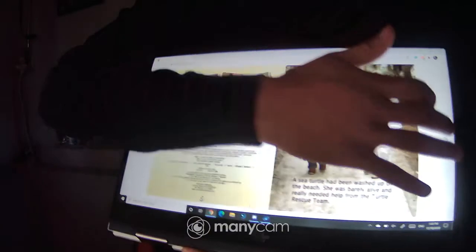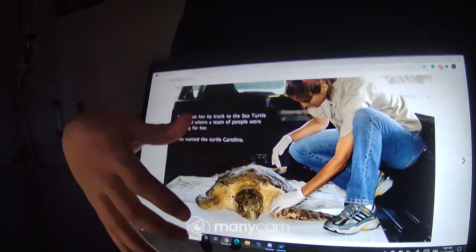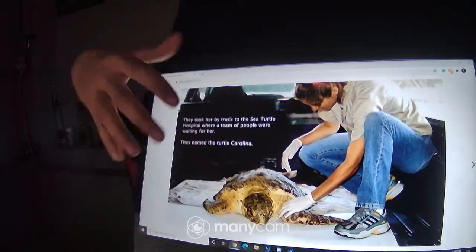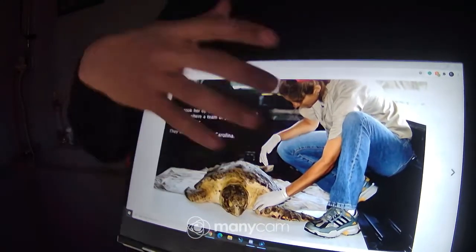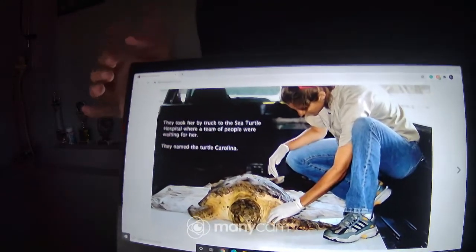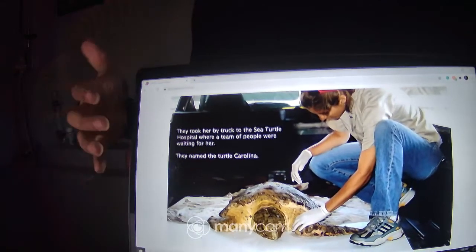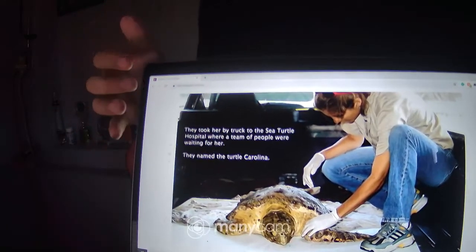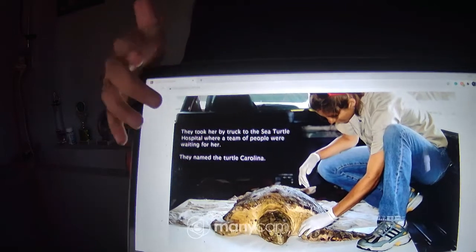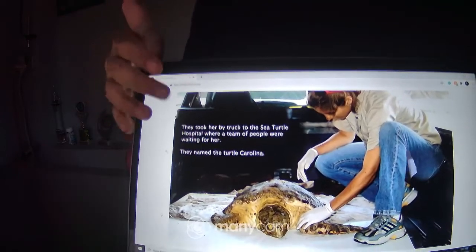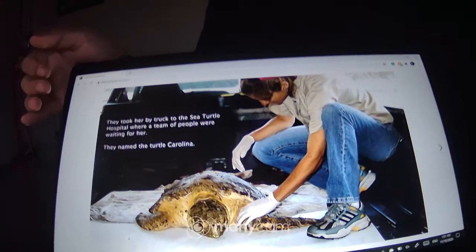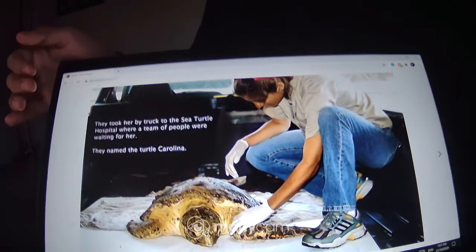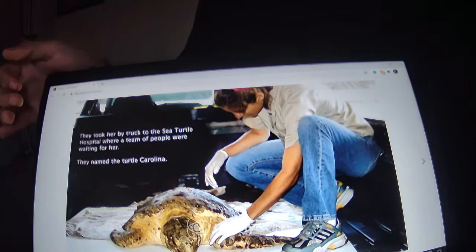For the second image, we're able to see that the turtle is in some kind of place, maybe a car, and there is someone taking care of her while she's being transported. The text says they took her by truck to the turtle hospital where a team of people were waiting for her.